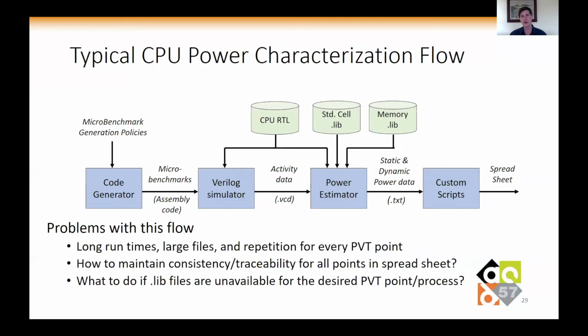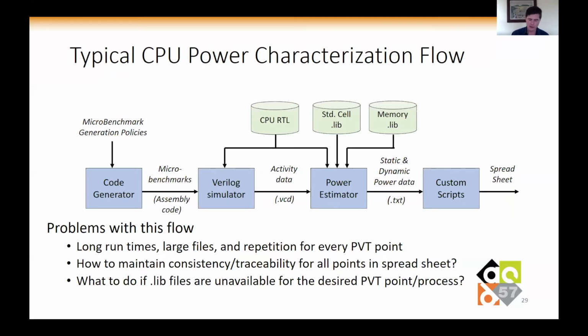Now, there's a number of problems with this flow. First of all, it can take hours to run and use gigabytes of storage. And I need to potentially do it for every single PVT point, process, voltage and temperature point, that my customers want, which is an awful lot of effort and an awful lot of expense for me.